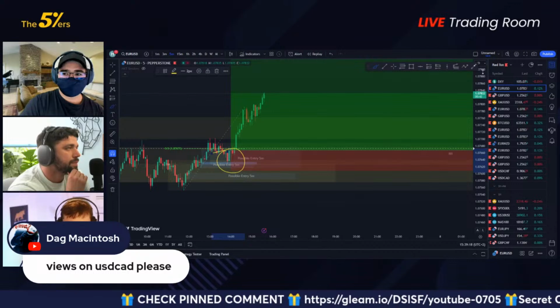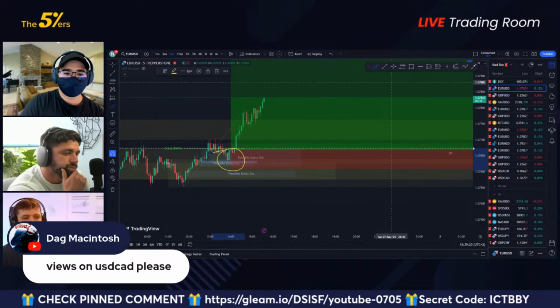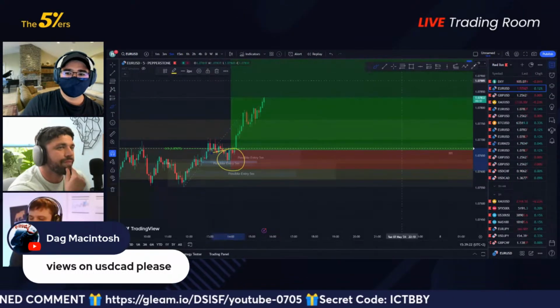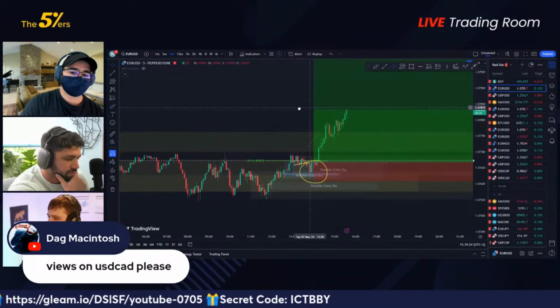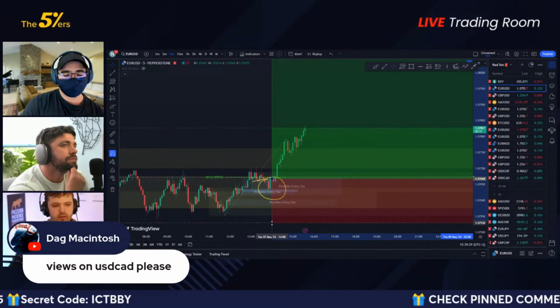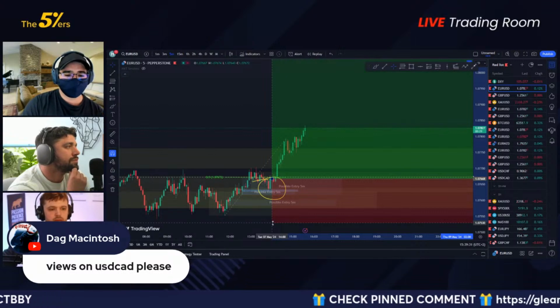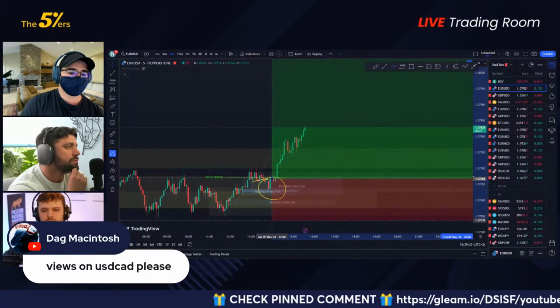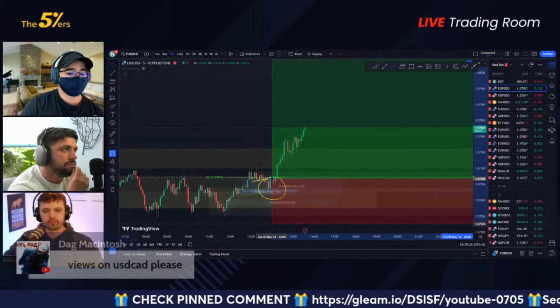So I wasn't with my finger on the trigger. I wasn't looking at this the way I'm looking at it now. But this would be the risk reward of 1.4 and 3 something. That is based on the safest stop loss placement.